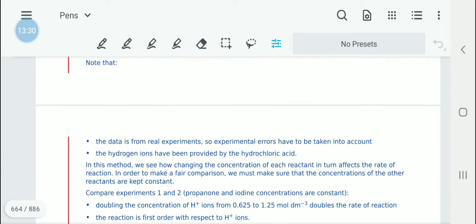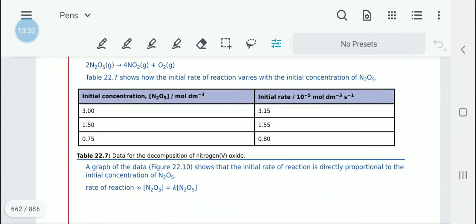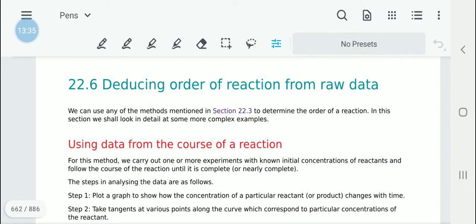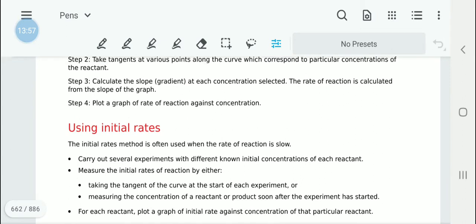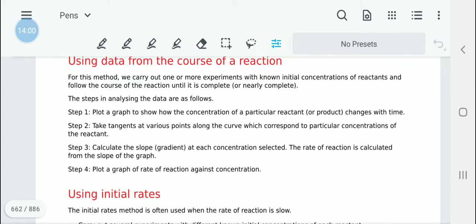But before that, let's write down a note. Deducing the order of a reaction from raw data. To determine the order of a reaction, we can either use data from the course of a reaction, or use the initial rates.